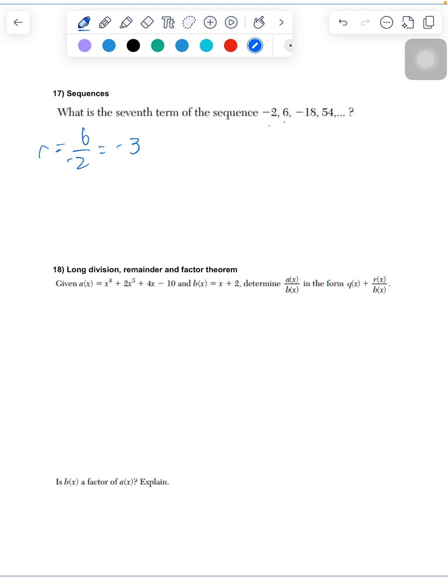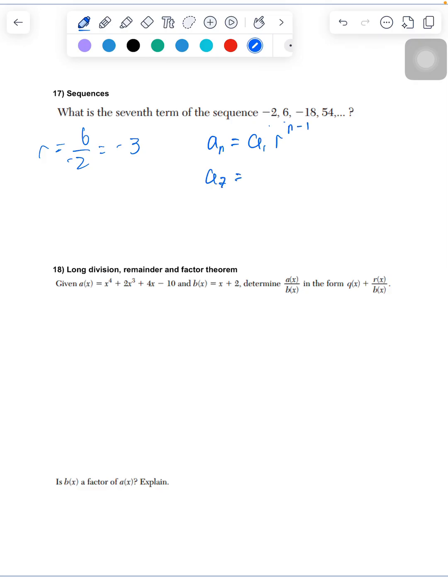All right, so remember, 7 terms, so I have 1, 2, 3, 4 terms. You could keep multiplying by -3 to get to the answer, but let's do it properly. So any term a_n equals a_1 times r to the n minus 1. So I'm looking for a_7.